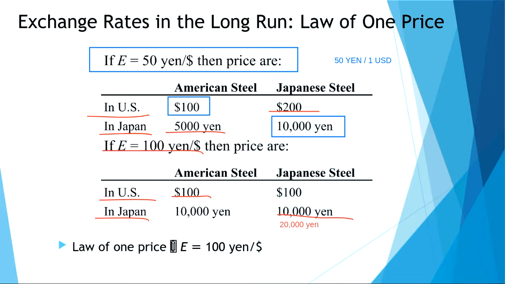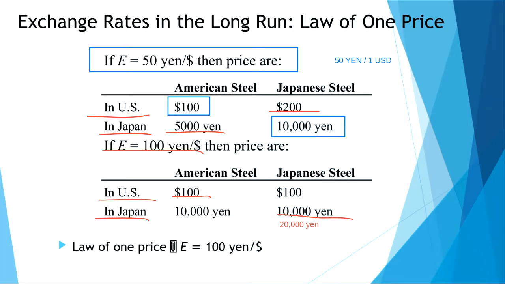Clear? If the exchange rate is fixed at $1 is equal to 100 yen, then they cannot sell the Japanese steel to the market, so they will end up with the collapse of the business. They cannot sell to anywhere else. Exactly.